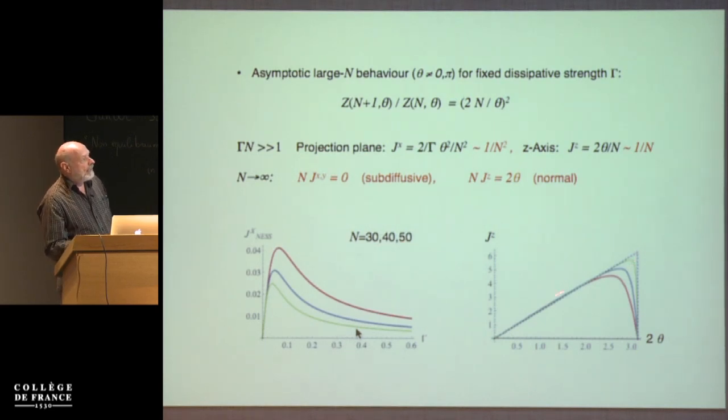So the longer we take, the more it approaches this prediction 2 theta over n. So this is 2 times theta. So at maximum twisting angle pi, this current actually on this scale drops to 0. Well, it will be actually of order 1 over n squared, more precisely. But anyway, you really see it's a linear function of theta if you make n very large.